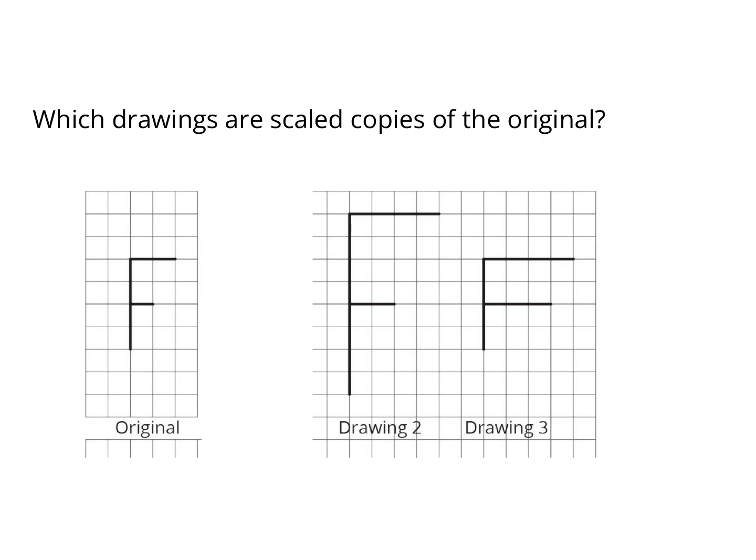And one way that we can figure that out is by counting how long each side is. So I can count, and I'll use my highlighter. So this red side matches up with this side on the F. And in the original, this is 4 blocks or 4 units. In this drawing 2, it is 8.